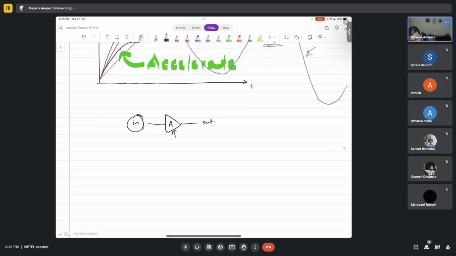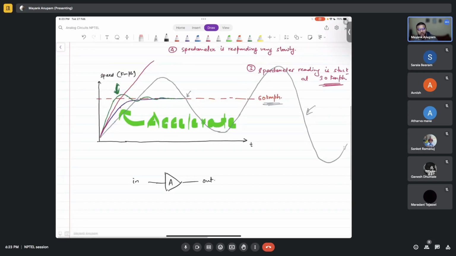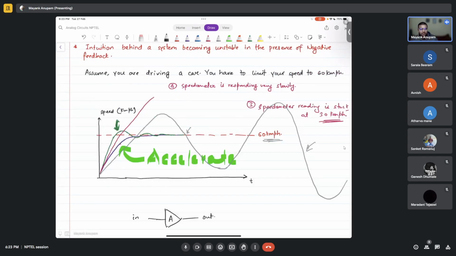So the whole issue of instability comes in negative feedback, because here we have a feedback. A certain thing has to be controlled, and that control happens because the output is sensed and then fed back. That sensing and feeding back is not instantaneous. It requires some time, right? The signal goes from input to output, and then that output signal is sensed and fed back to the input. So that whole loop takes a certain time to operate.